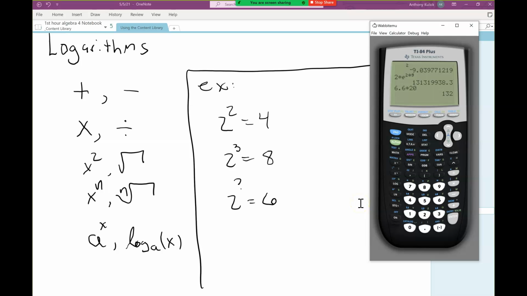What do you guys think? Just take a guess, right? There's no penalties for guessing.